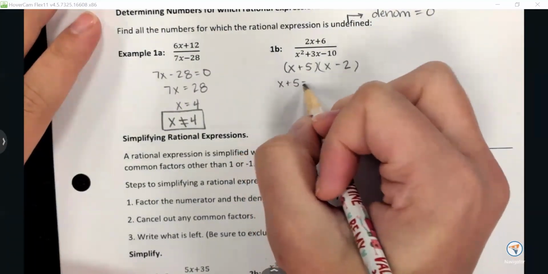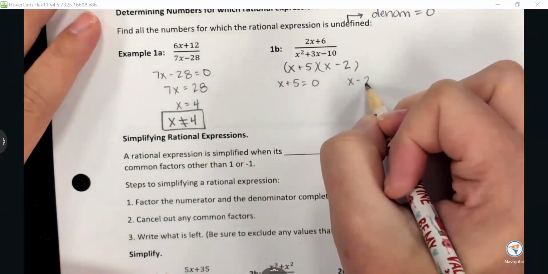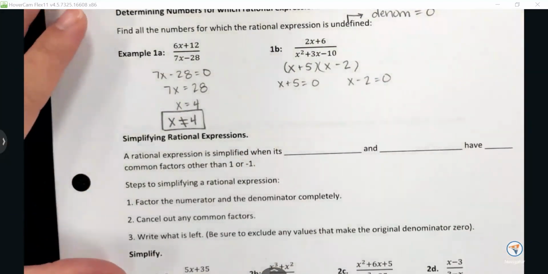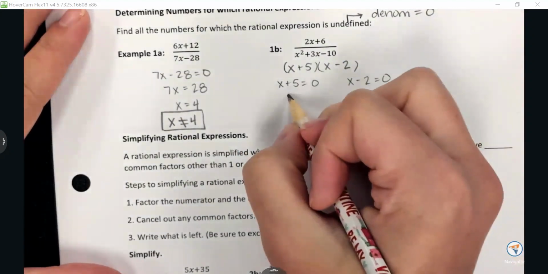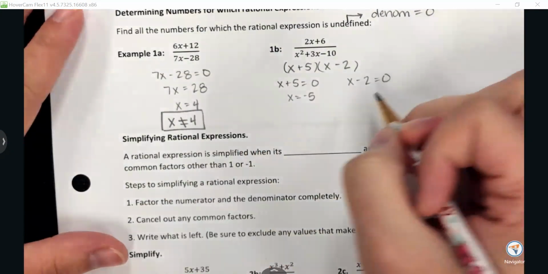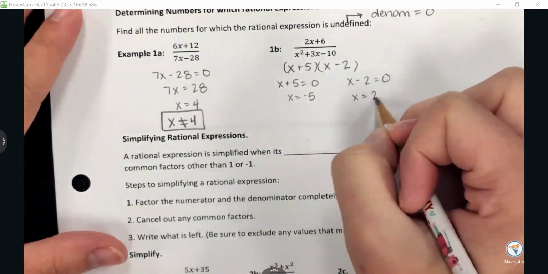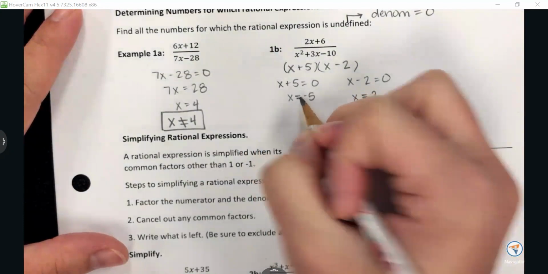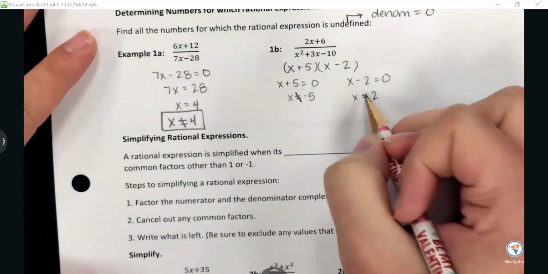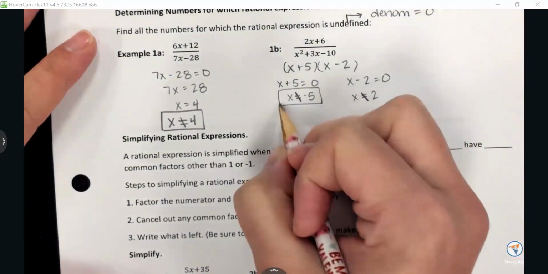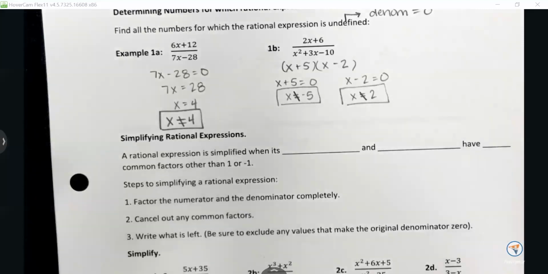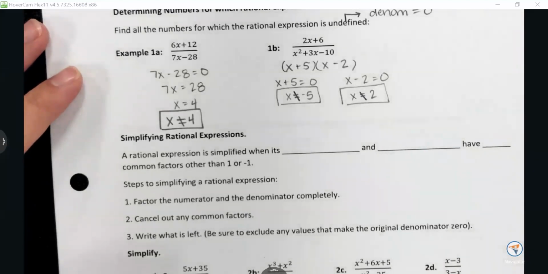So x plus 5 equals 0, x minus 2 equals 0. And if I solve the first one, I get x equals -5. And if I solve the second one, I get x equals 2. But I don't want x to equal that. X cannot equal those two numbers, because if I plugged either one in, my denominator would be a 0.